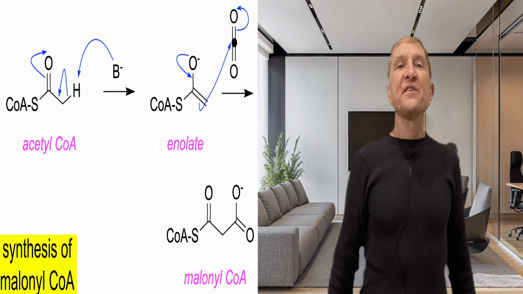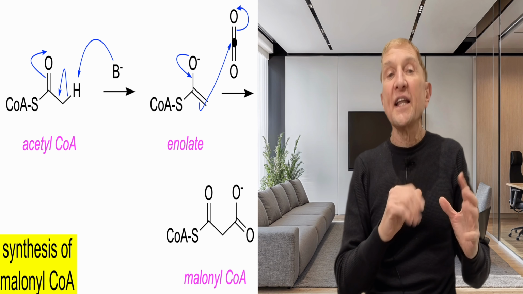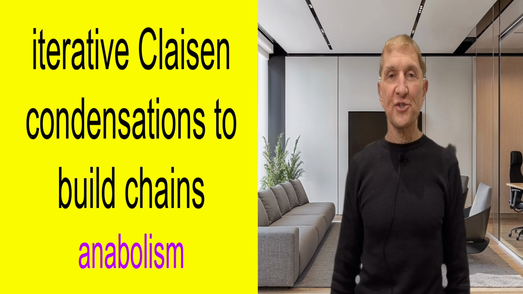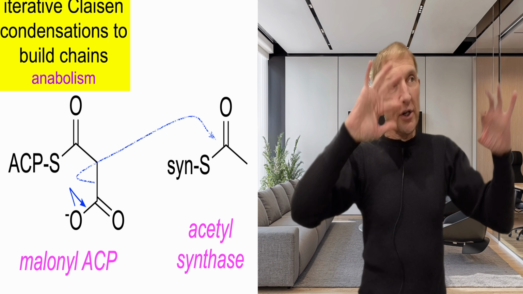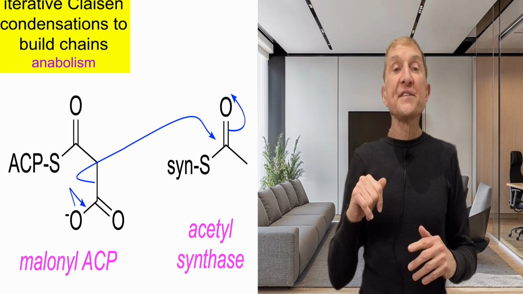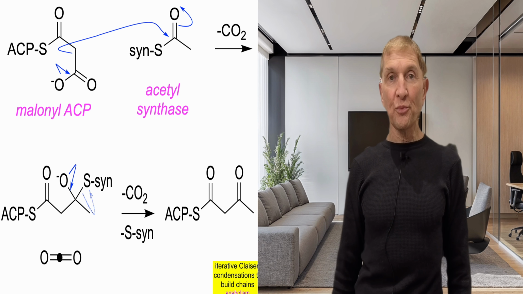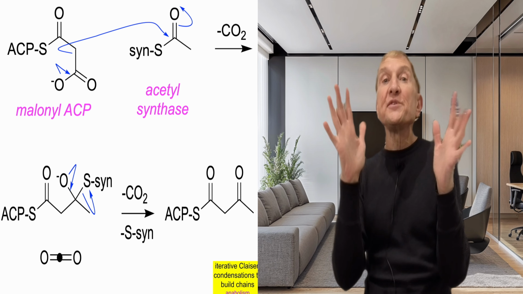Malonyl-CoA is a very special way of generating enolates of acetyl-CoA when they're needed, by decarboxylation. Decarboxylation of malonyl-CoA generates an enolate in situ, which adds to acetyl-CoA. That generates a Claisen condensation product, an ester-ester condensation. 2 carbons plus 2 carbons, 4 carbons.